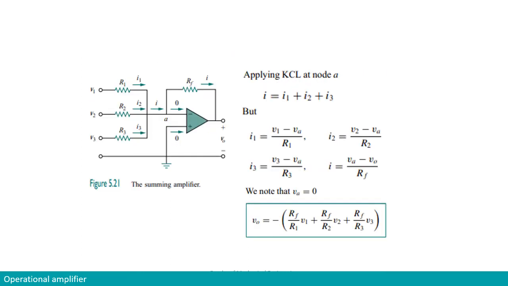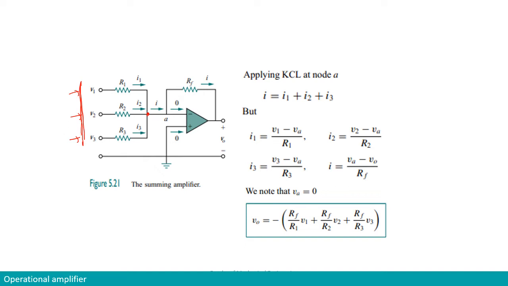Basically, what we have is three input voltages. We call them V1, V2, and V3. Let's imagine that we put V1, V2, and V3 in parallel, and they are all connected at this node.